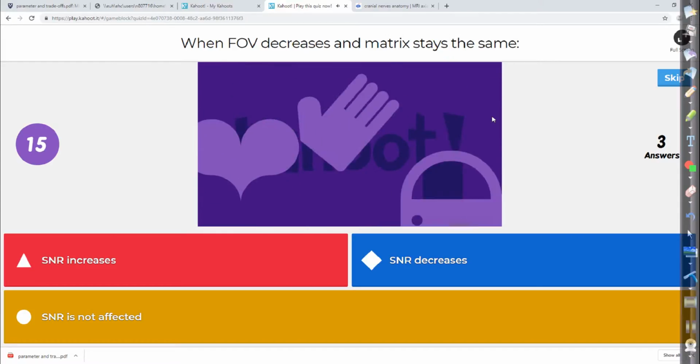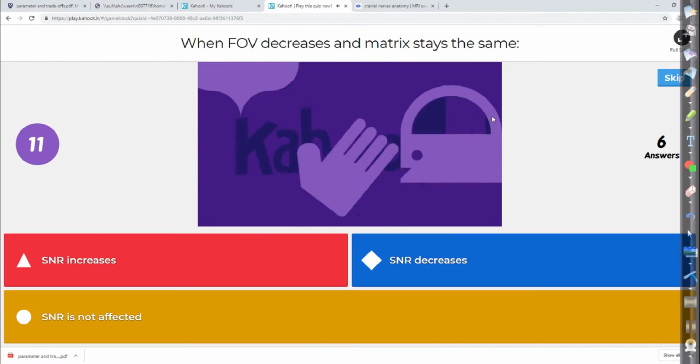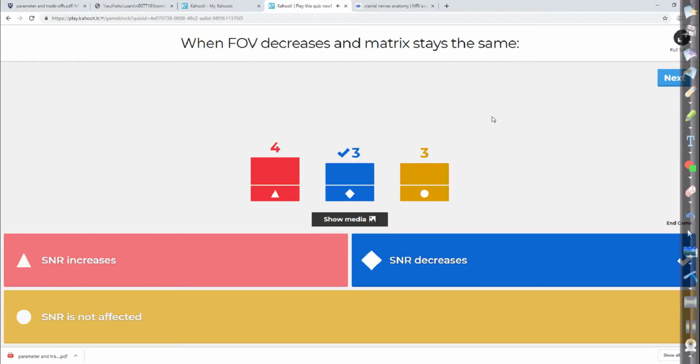Our field of view is shrinking, but our matrix is staying the same size. SNR decreases. Pixel volumes, pixel size is getting smaller.